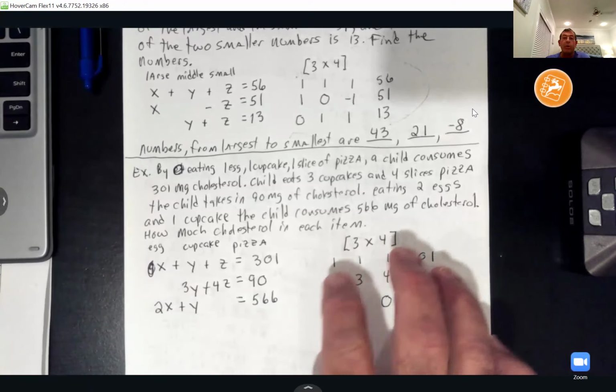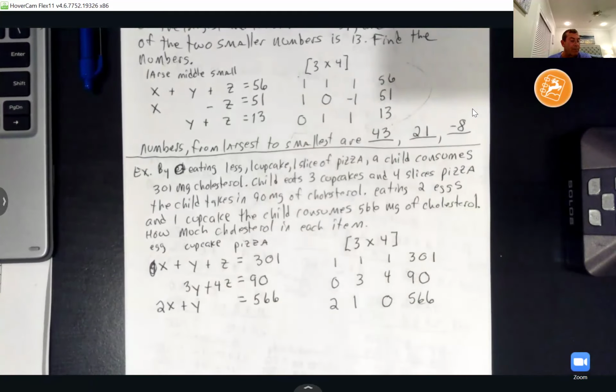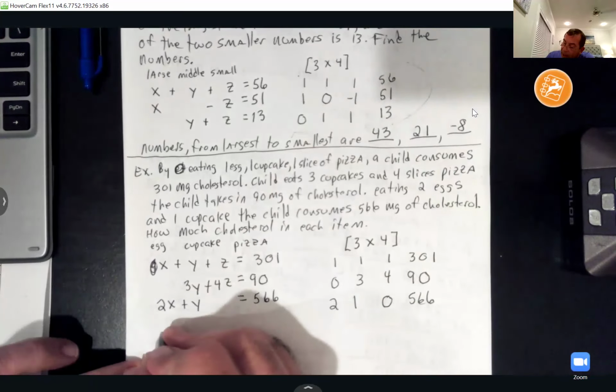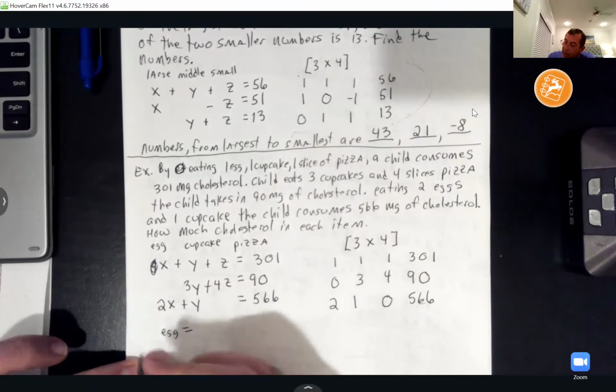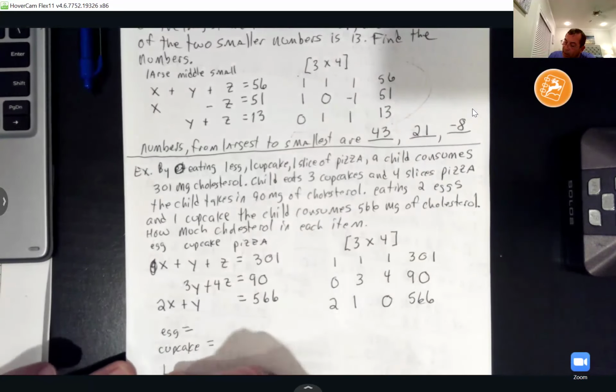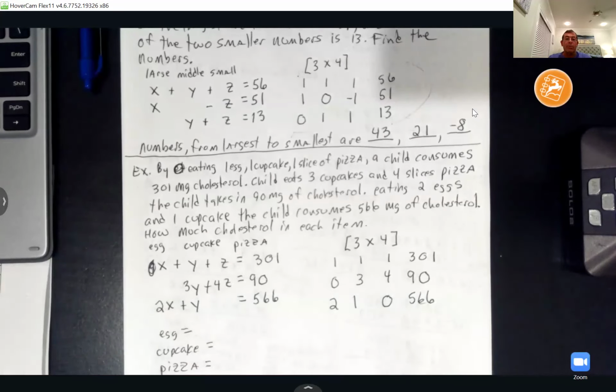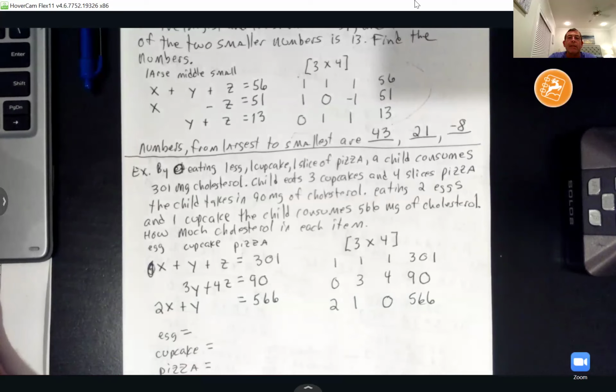This is what you would punch in, just like we did up here. And then on the answer blanks, you'll have egg equals, cupcake equals, and pizza equals. So since that's the last one for 3.6, I'll go punch it in real quick on my calculator.